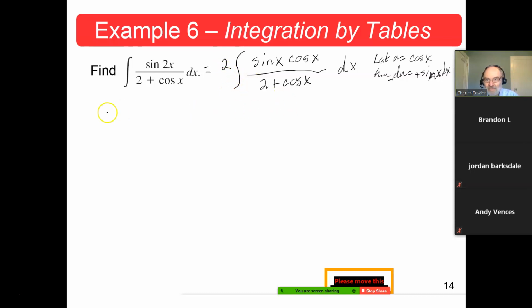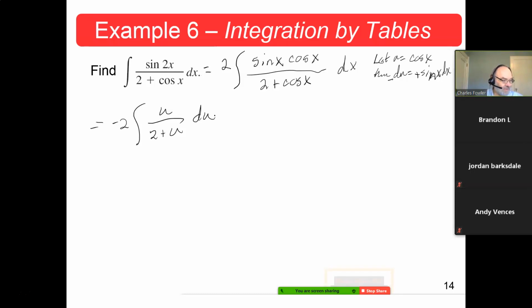And so this then would become minus 2 times the integral of u, that's your cosine x, over 2 plus u, that's this, and then sine x dx is minus du. Well, I already put the minus sign out here, so that gives you the du. What we did, we used a u substitution to change the sines and cosines into u's.